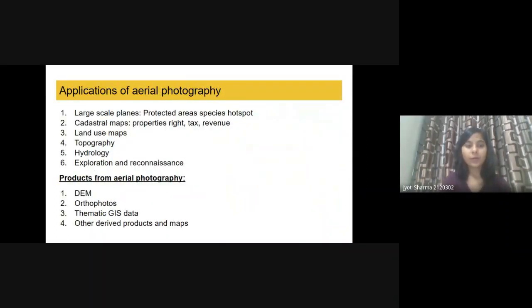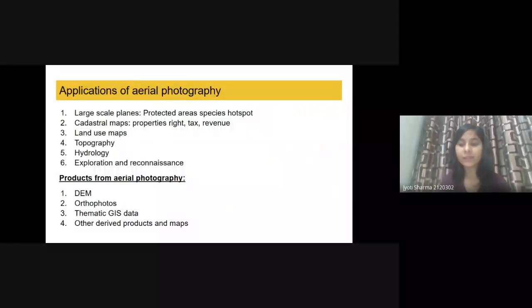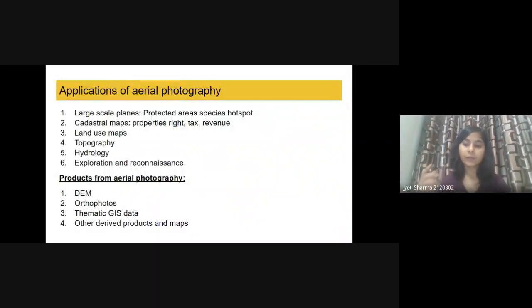Here we have the application of aerial photography. For example, if we are looking at a vegetation area or forest area, you can identify where encroachment is happening, where some intruders are removing the plants or killing the animals. Such information you can get from aerial photography.